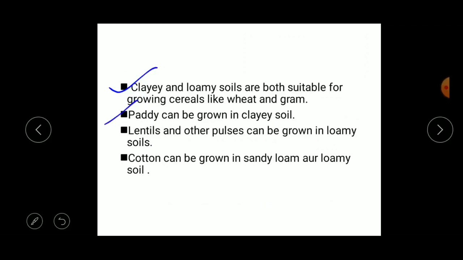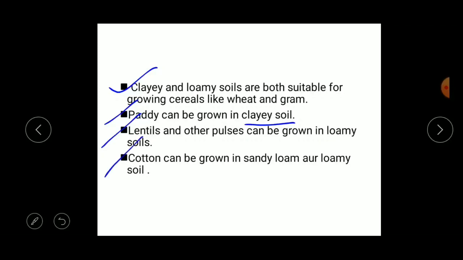Paddy can be grown in clayey soil because it has a good capacity to retain water. Next point is lentils, which is nothing but masoor. Lentils and other pulses can be grown in loamy soil, which drains water easily.